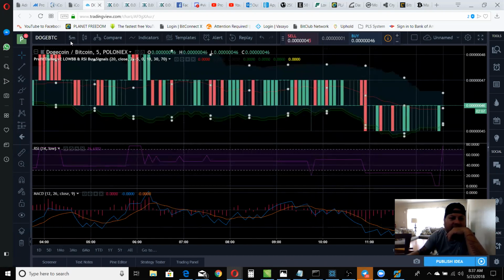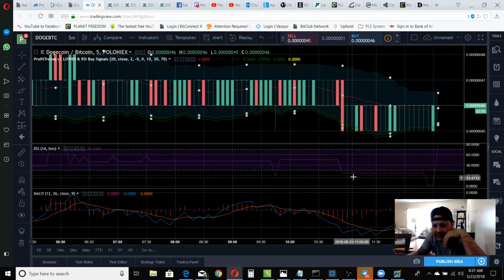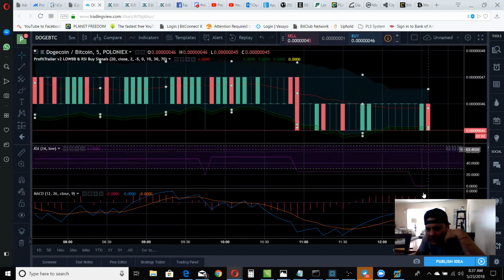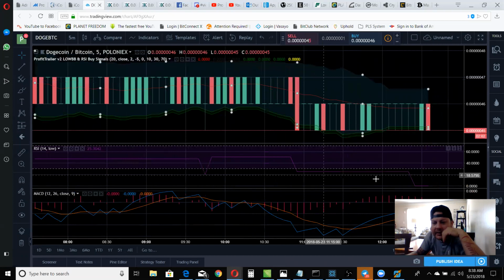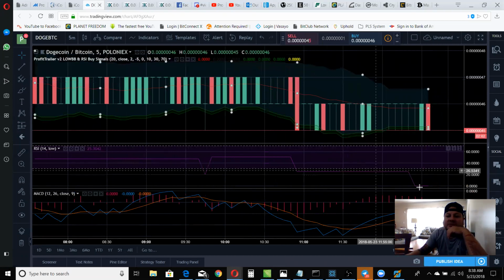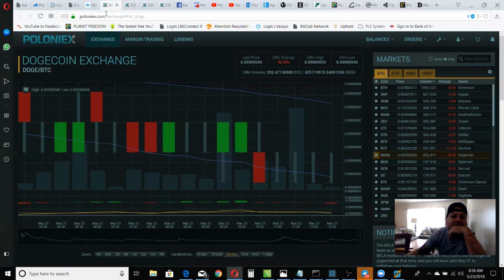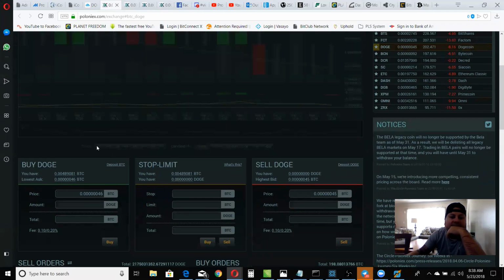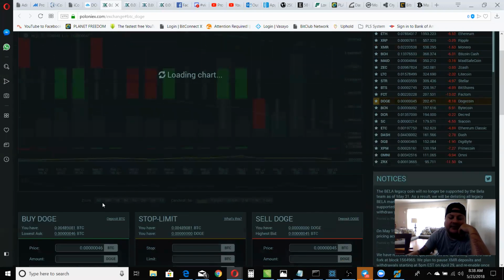Right now I do have it on the 5-minute chart. It looks like it has been over. Where are we at? Okay, so it's overbought still. I'm just going to make something small just so I can show you. On Poloniex we also have it on the 5-minute chart, zoomed in to 6 hours.